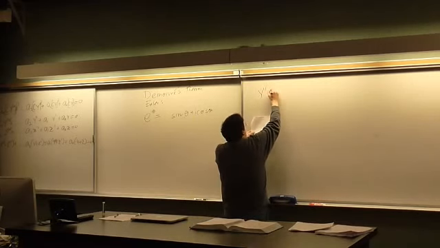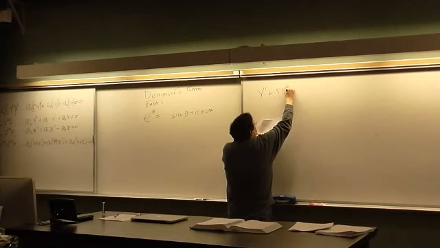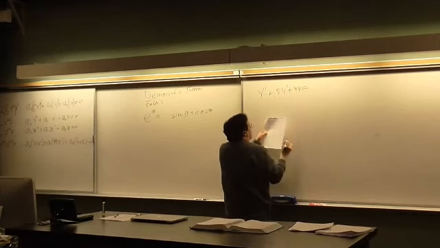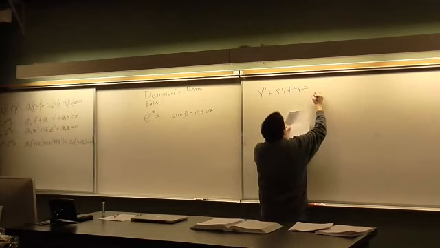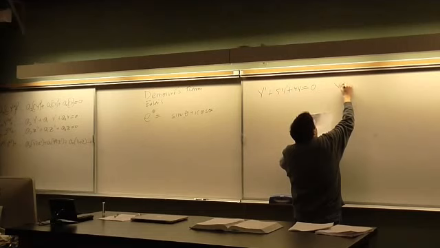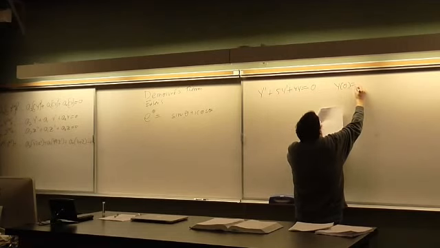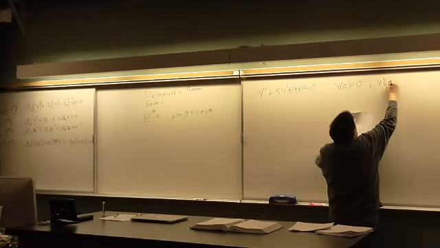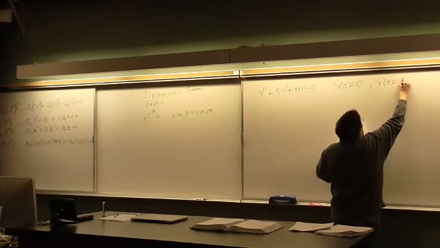Second derivative of y plus 5 times the first derivative plus 4 times the function, a nice linear differential equation, is equal to 0. And my initial conditions are y of 0 equals 0 and y prime of 0 equals 1.